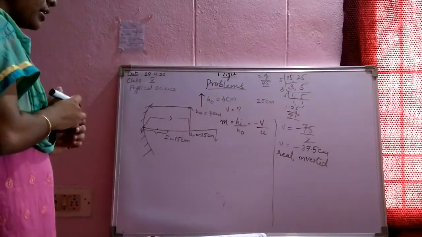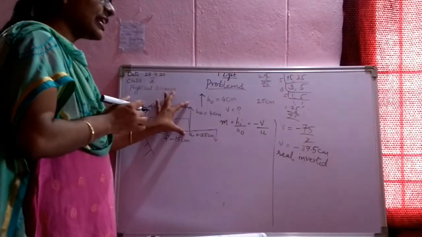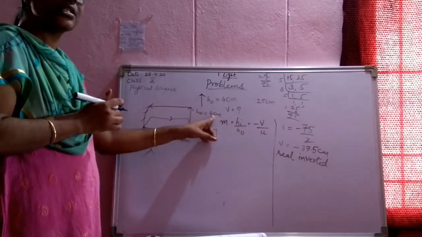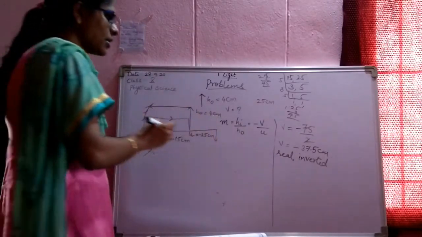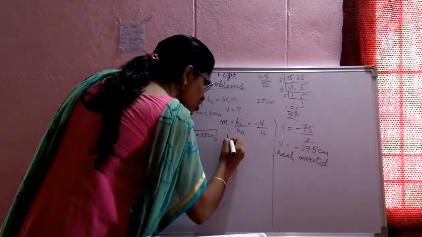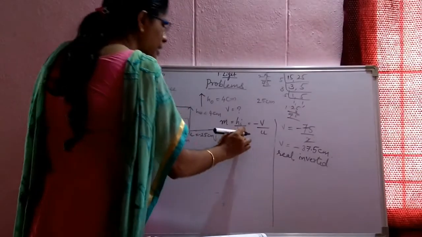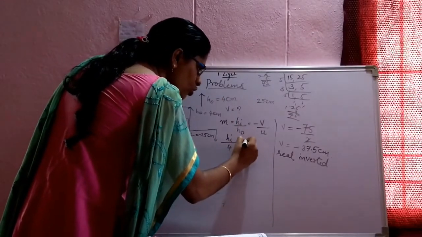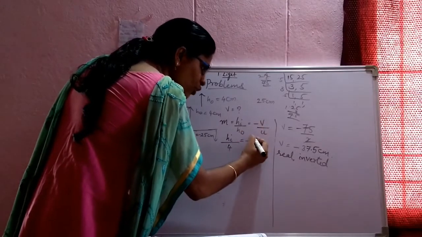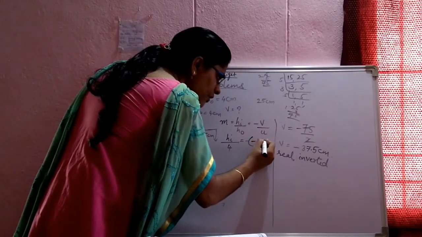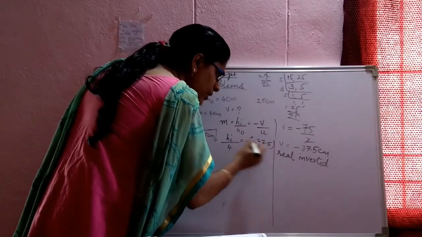Now, the height of the object is 4 centimeters. We don't know the height of the image. Let HI by HO be 4. Already minus is there in the formula. We got again minus 37.5.